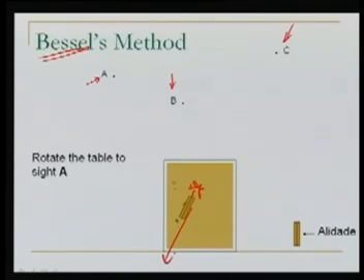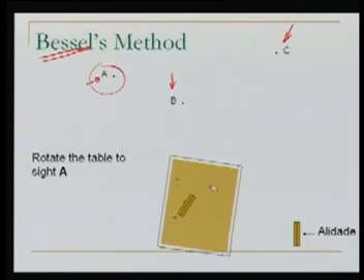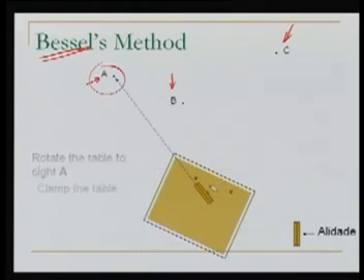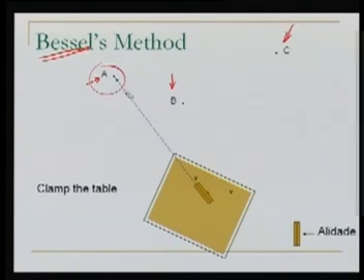Now you rotate the table so that A can be bisected. Well, let's do it. If you rotate the table so that A is bisected, that's the condition. Here in this case, as you will see, A is being bisected by the resector, because our eye is now here. We are looking in this direction. Once this is done, we clamp the table. The next step is clamping the table.